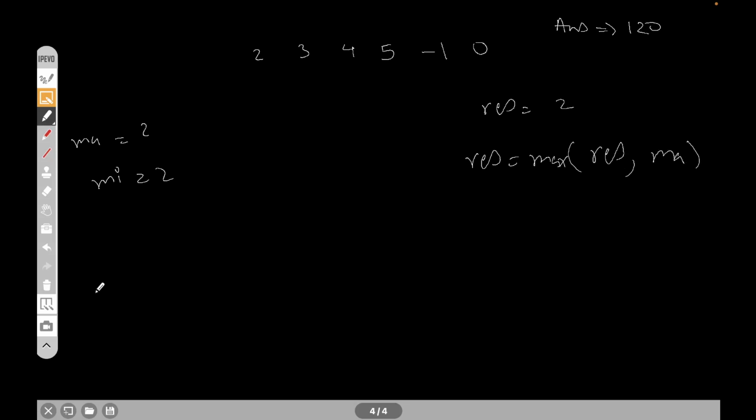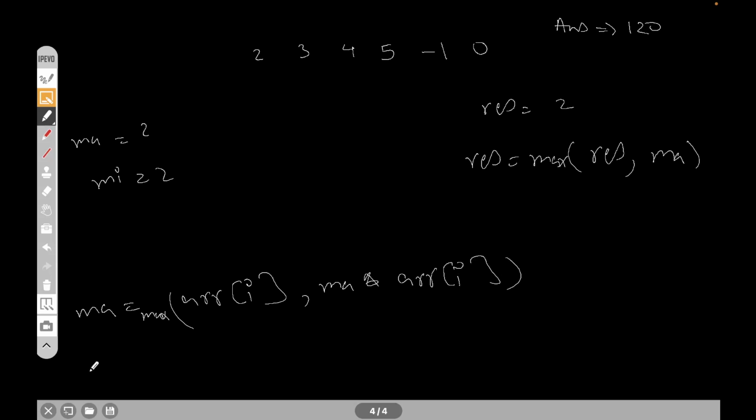And ma's equation will be the maximum of array of i comma ma into array of i, and your minimum will be the minimum of array of i comma minimum into array of i.